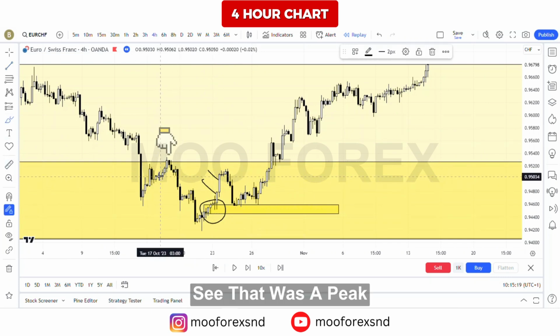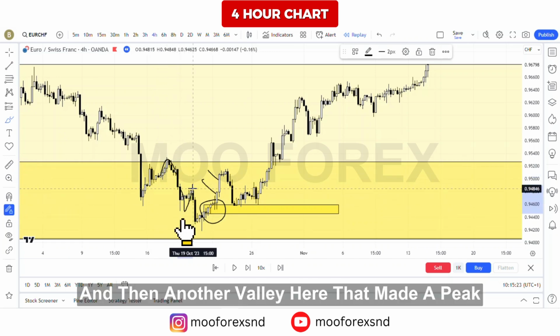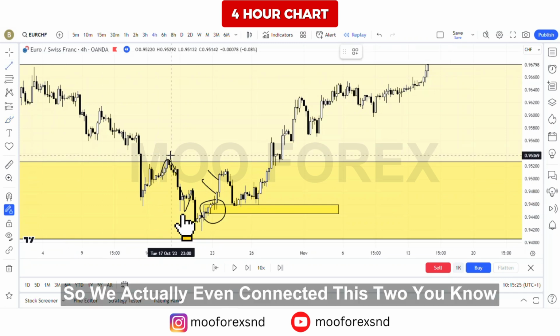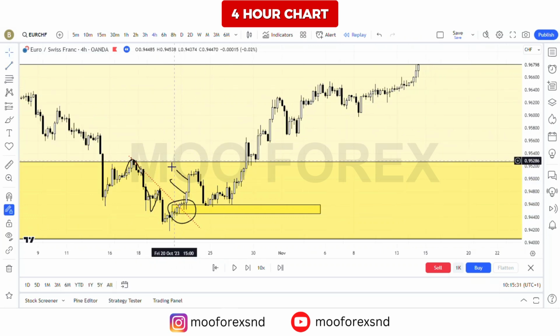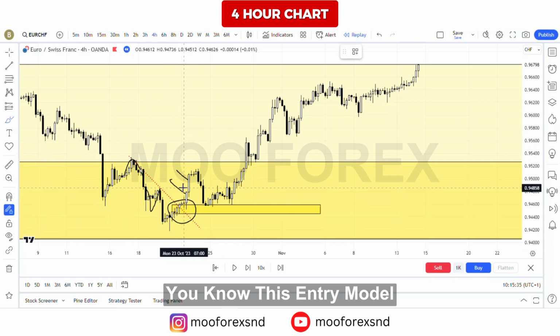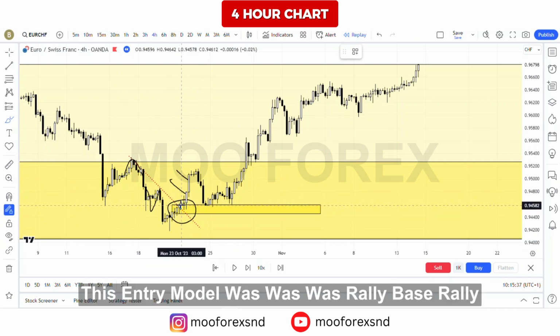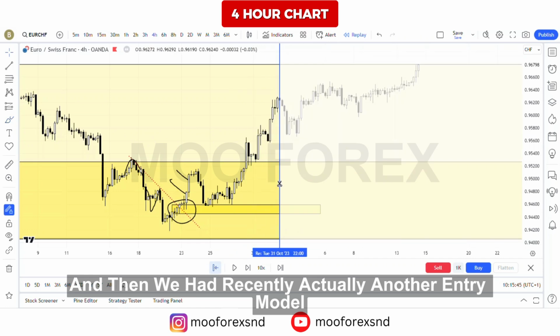See, there was a peak, and then another valley here that made a peak. So we actually connected these two, so this entry model was rally base rally.